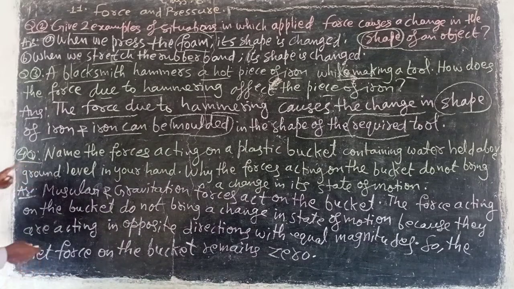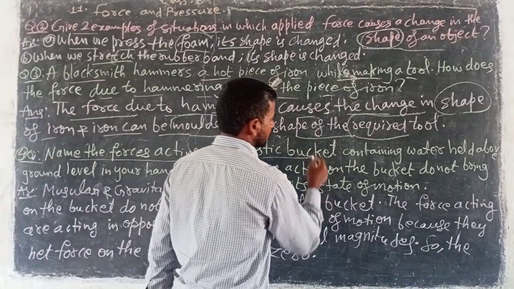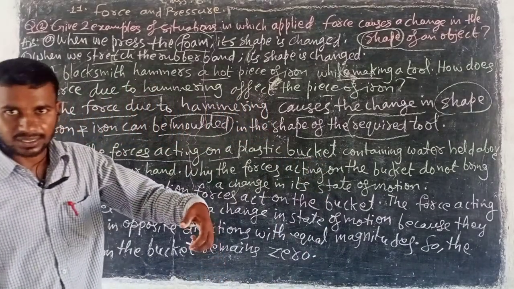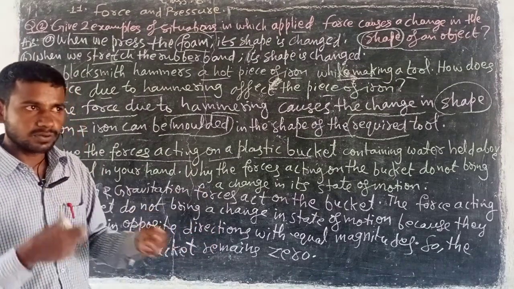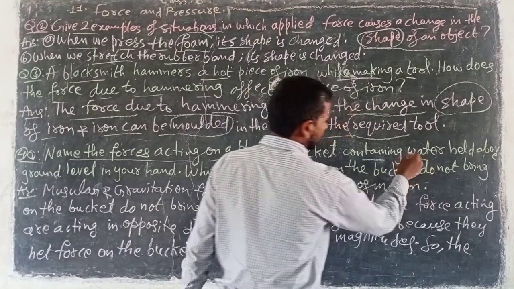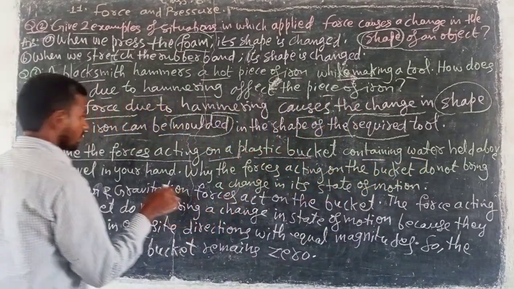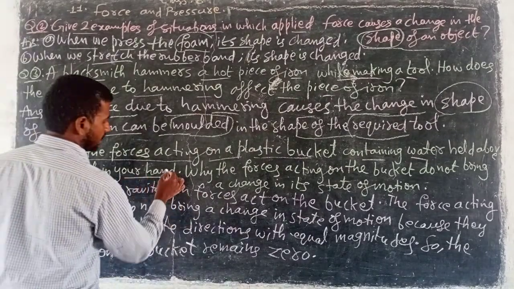Fourth question. Name the forces acting on a plastic bucket. Just take a plastic bucket full of water and name the forces. What forces are acting on that bucket, containing water, held above ground level in your hand?